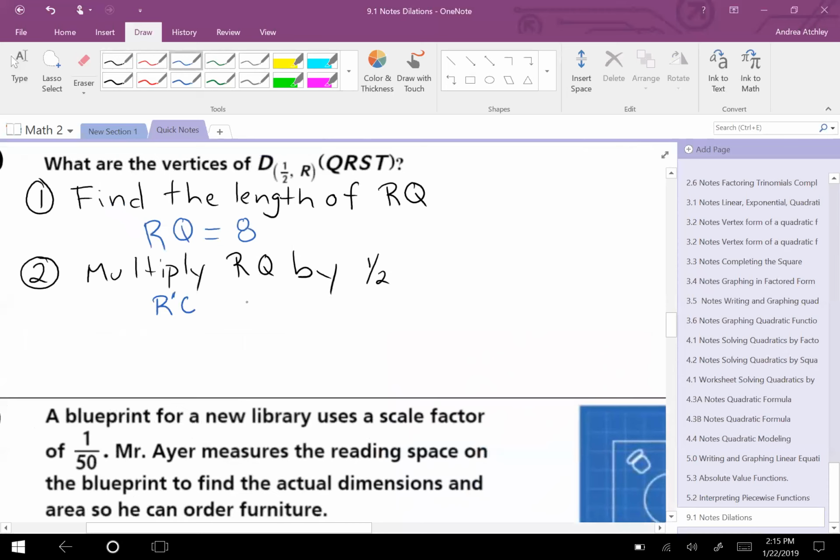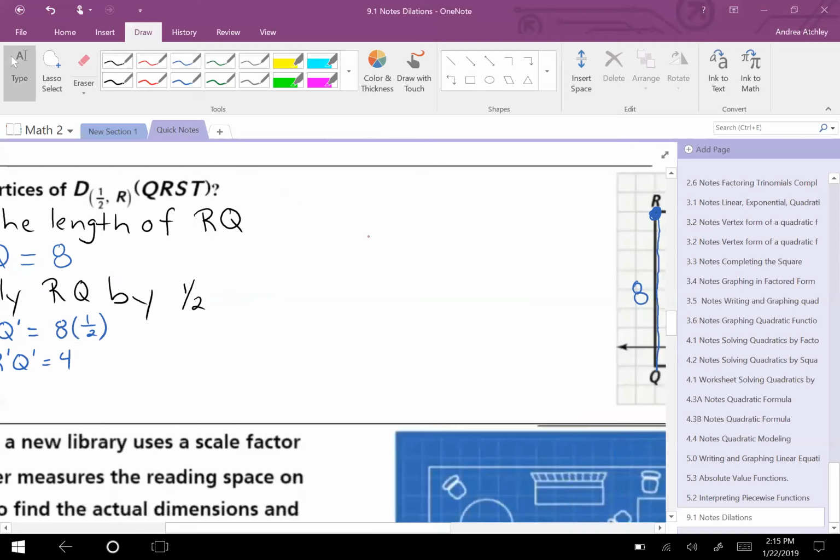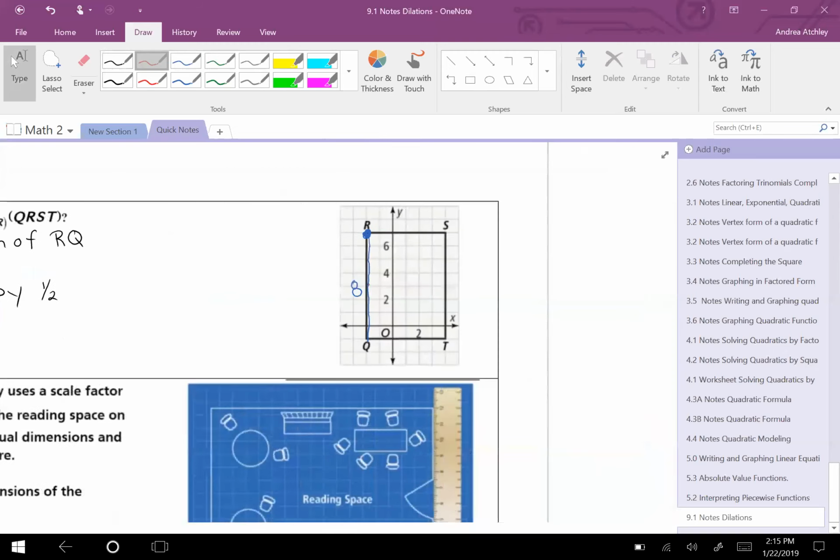So R prime Q prime is going to be 8 times 1/2. So half of 8 is 4. Okay, so we're now going to graph that point. We need to be 4 away from R. So 1, 2, 3, 4. And that's going to be Q prime.